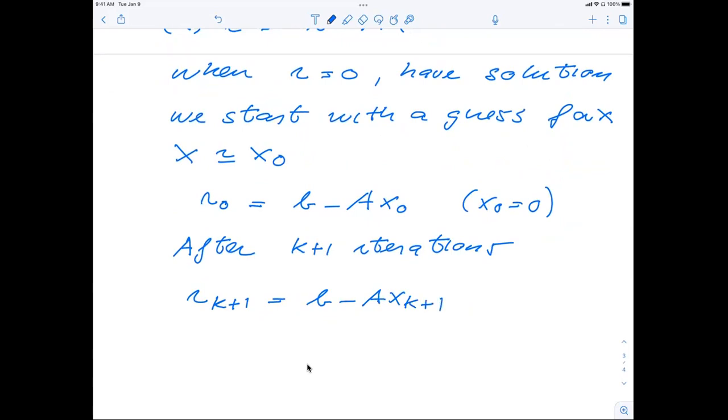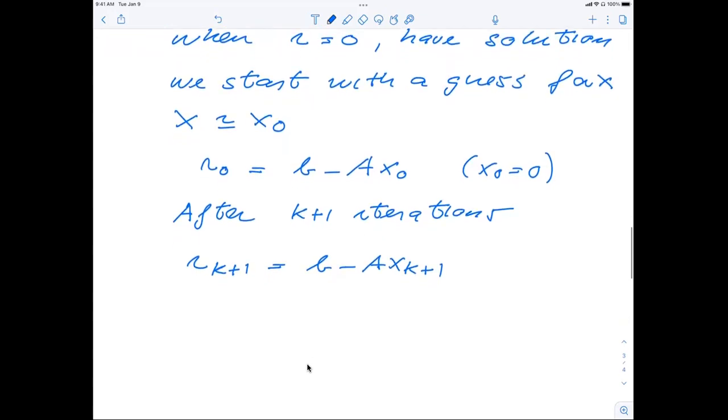So if I now look at my approximation for x, we're also going to assume that x is related to this r.